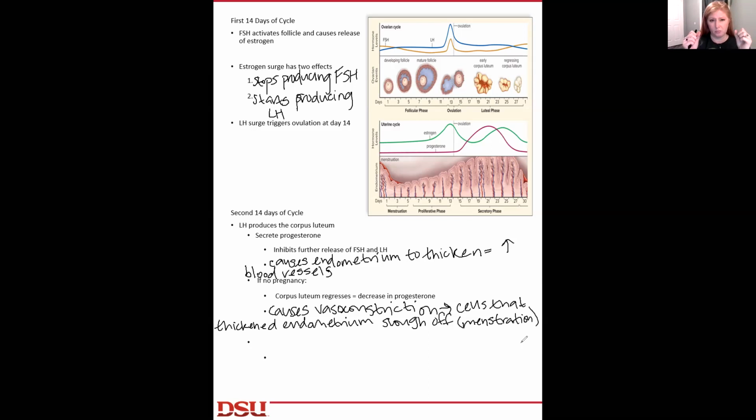So those blood vessels are shrinking, closing off. As the blood supply decreases, the cells that were part of the thickened endometrium that the blood vessels were nourishing, again, they lose their blood supply, and so those extra cells slough off, and then you get menstruation. Okay.